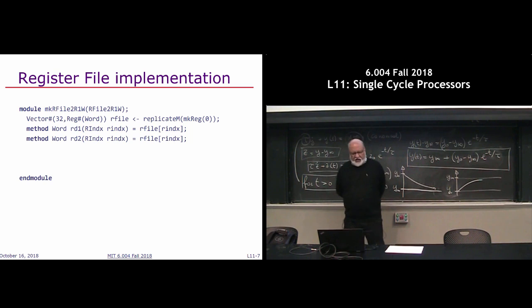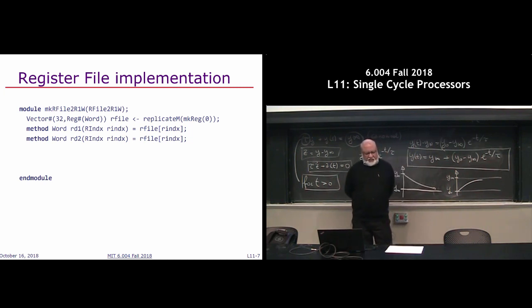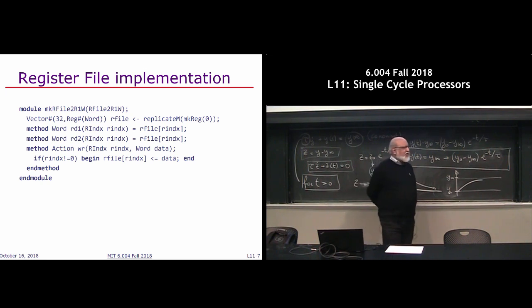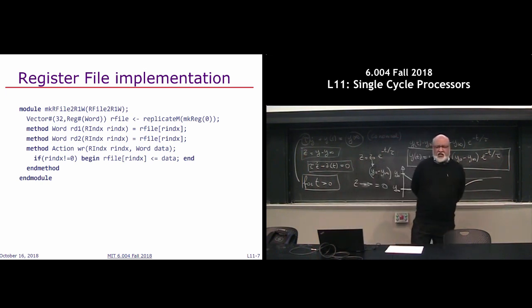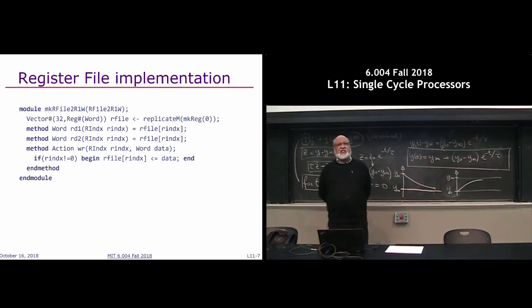Okay, and we have 2 methods. So RD1 is what? It's simply reading from the register file the index you are specifying in there. And similarly, for writing, there is one minor caveat that RISC-V says register 0 always contains a 0. So we check.